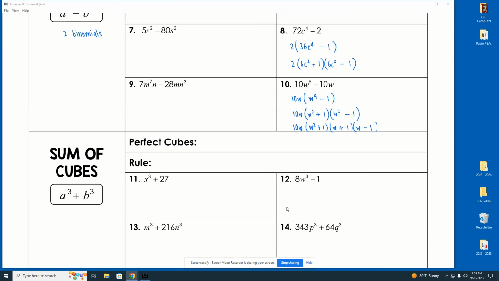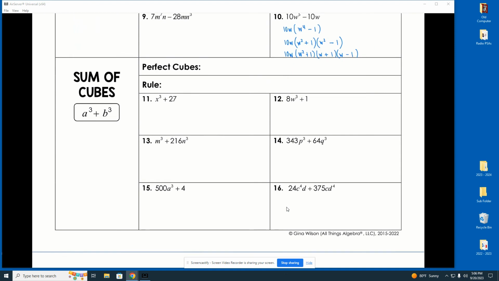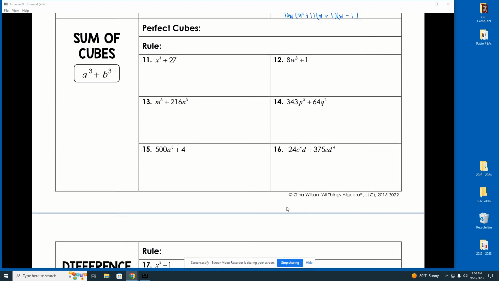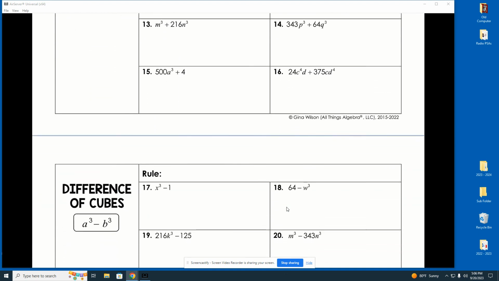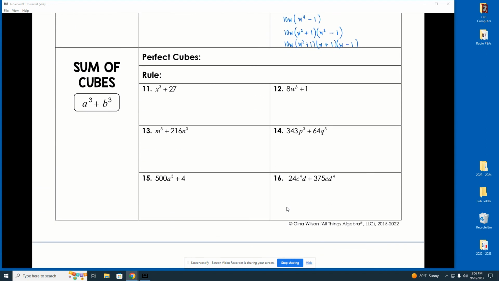Now that brings us, and we're 17 minutes into this video, so we're doing really, really good. But that brings us to the last two that we have not talked about yet. You haven't learned these because we've only dealt with factoring quadratics. Well, this is not a quadratic, is it? When your biggest exponent's cubed, it's not a quadratic. It's a what? Cubic.